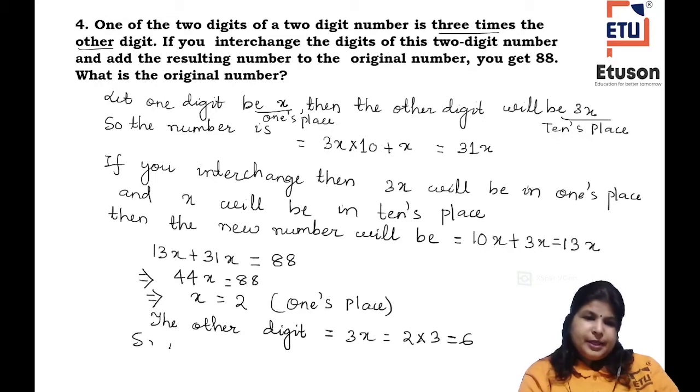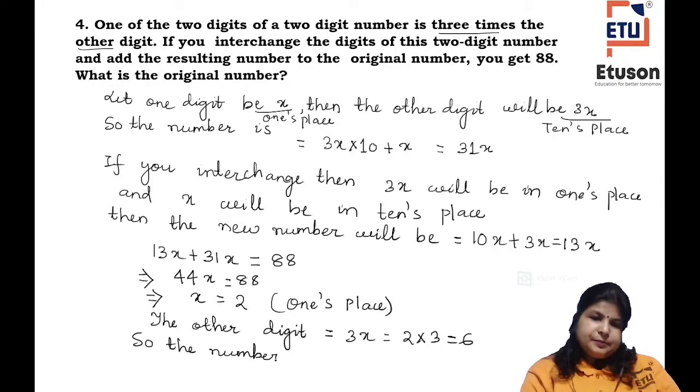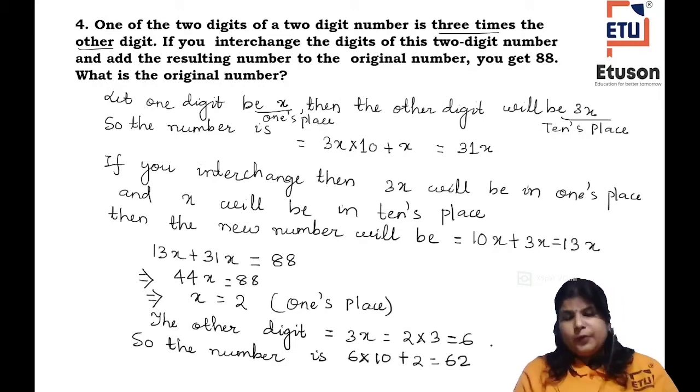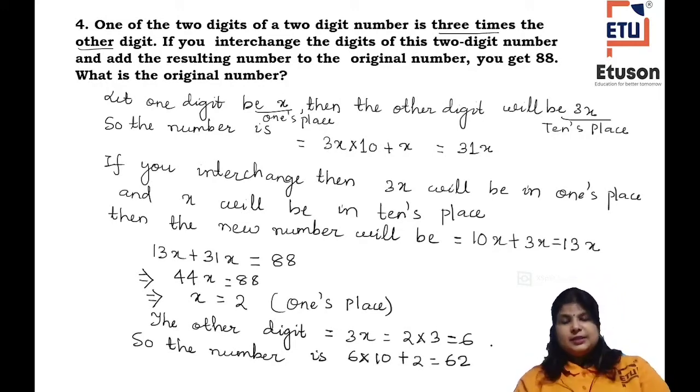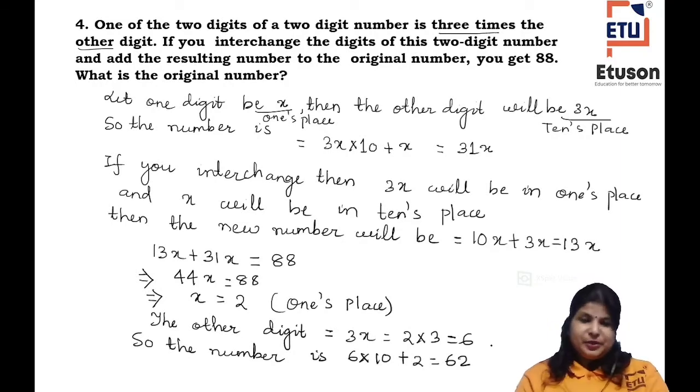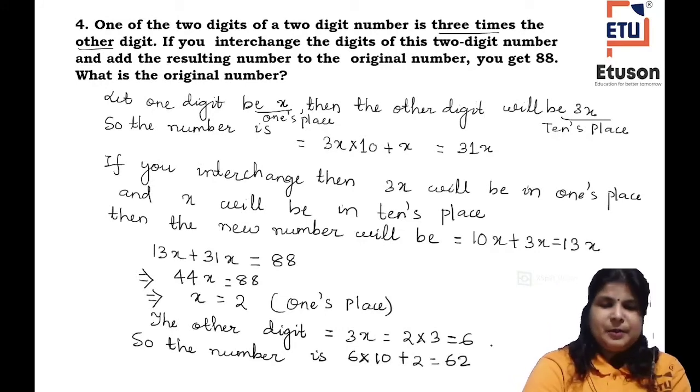So the number is 6 into 10 plus 2, that is 62. Now reverse 62, add 26. What does 62 plus 26 come to? 88. So the other condition is also satisfied and whatever result you have got is correct. Okay, so shall we go to the next problem then?